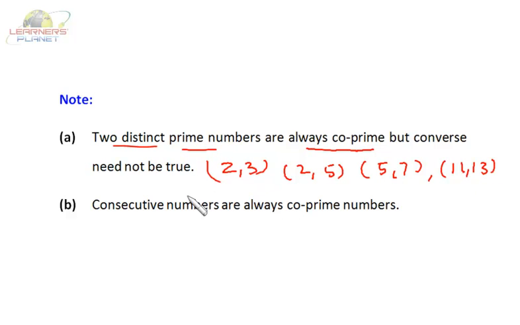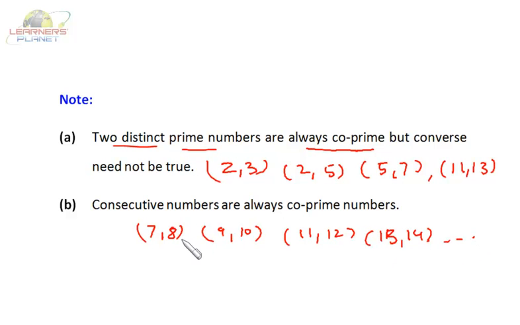Okay, and similarly consecutive numbers are always co-prime numbers, as we have already taken examples 7, 8, 9, 10, 11, 12, 13, 14. Okay, it is not necessary that both the numbers in the set are prime, but since they are consecutive, they won't have any other common factor except the number 1.